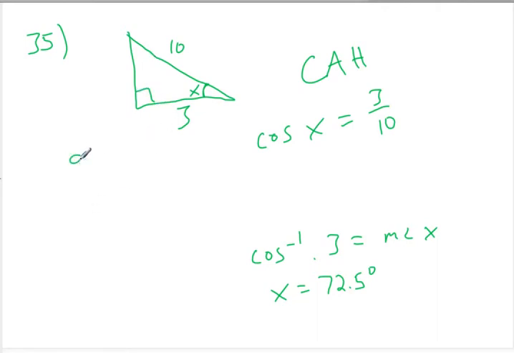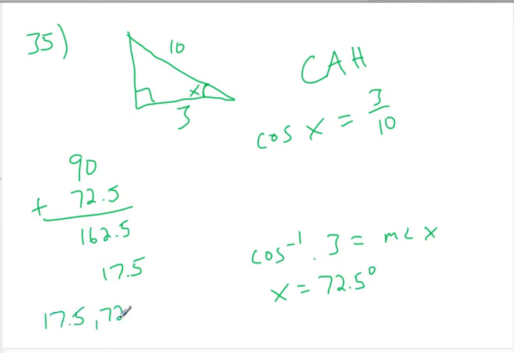So we have 90 plus 72.5 is going to equal 162.5. And so to get to 180, the next angle has to be 17.5. So all of the angles are 17.5, 72.5, these are all degrees by the way, and 90.